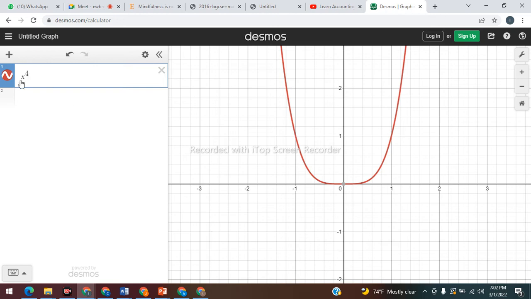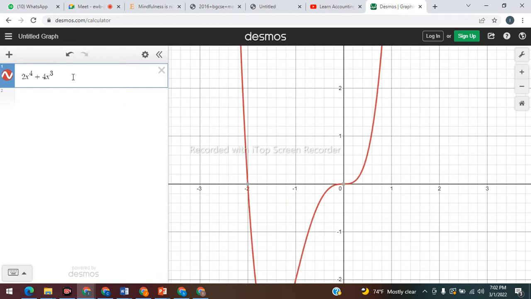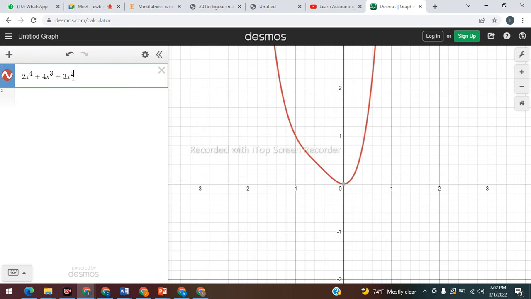Let's see if we get something going on: 2x to the fourth plus 4x cubed plus 3x squared plus x plus 4.